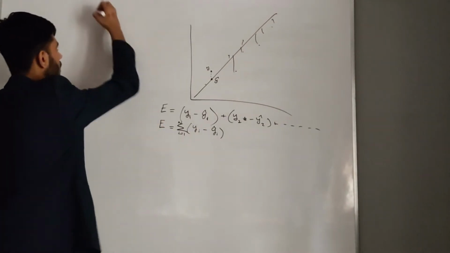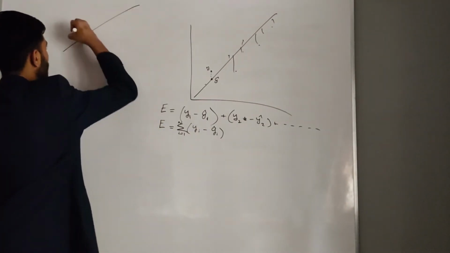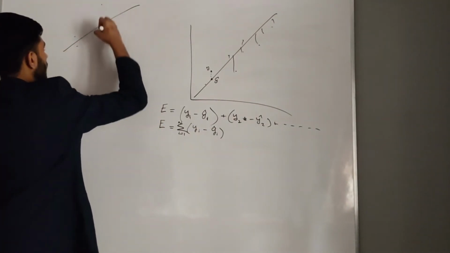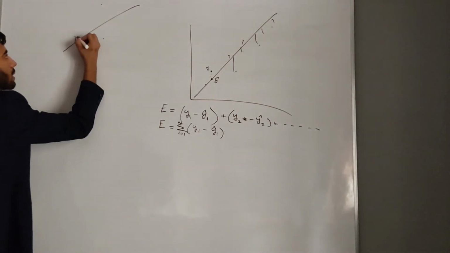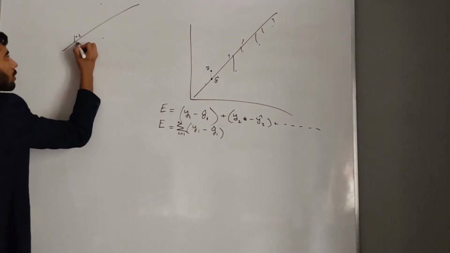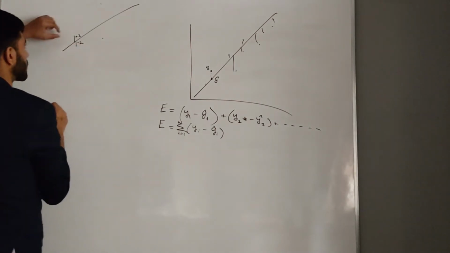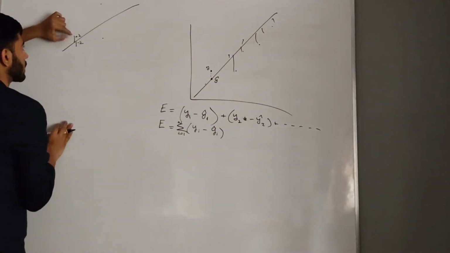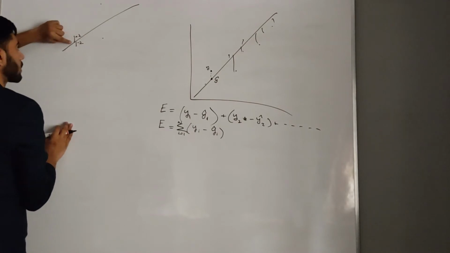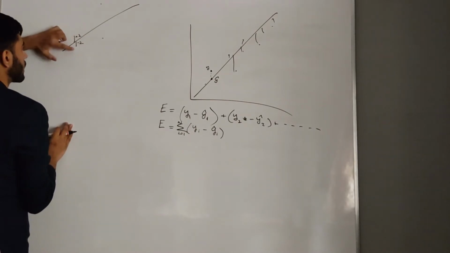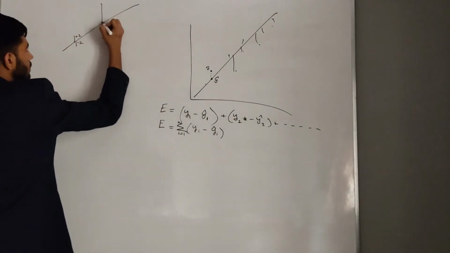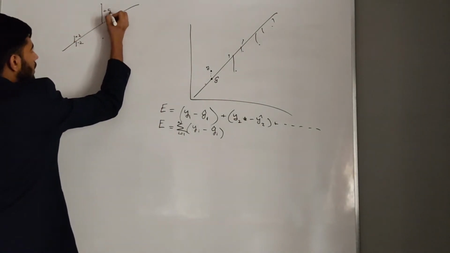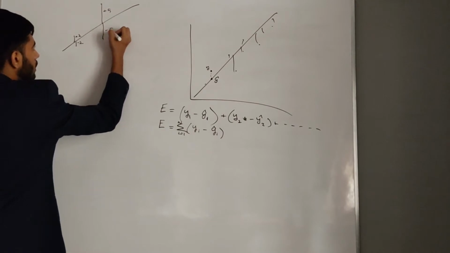Suppose this is my line and these are my data points. Here I'm getting an error of +2 and here an error of -2, which means the distance between the actual value and the predicted value here is +2, and here it is -2, and in this case suppose it is +5 and -5.